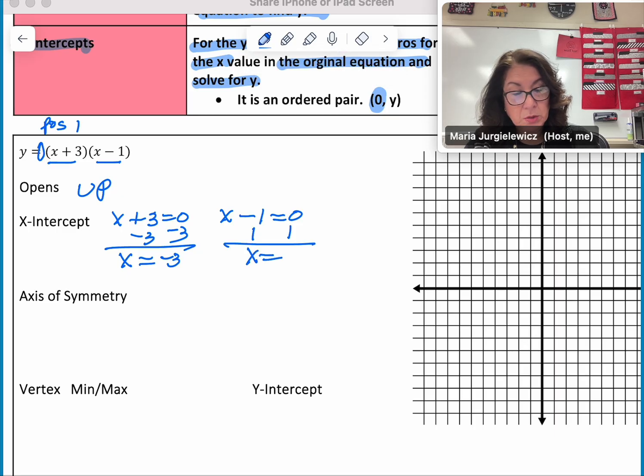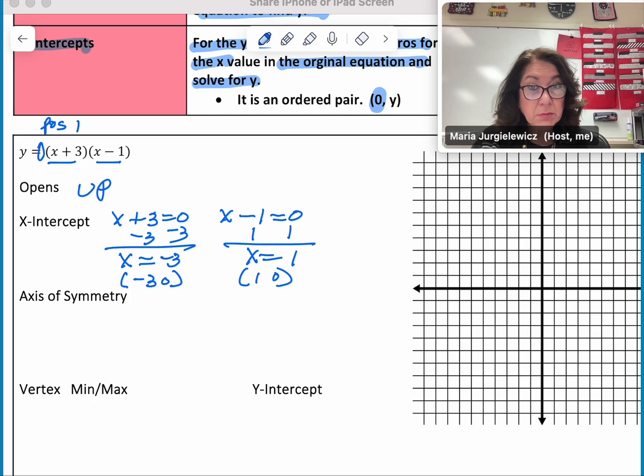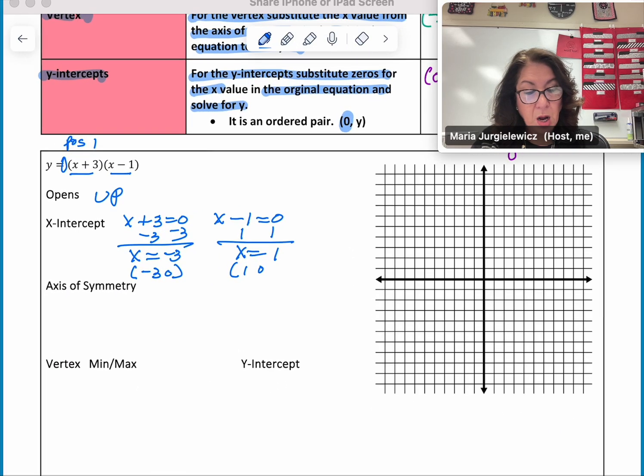X is equal to 1. So my first point is negative 3, 0. My second point is 1, 0. That means that this U shape is going to cross the x-axis at negative 3 and at positive 1. So now I have those 2 points. So it's going to go through those points and it's going to go up. All right, let's see the rest of it.